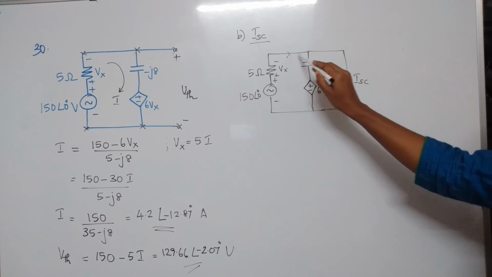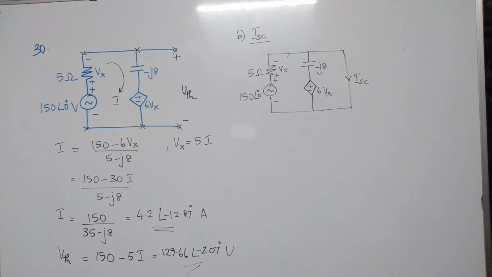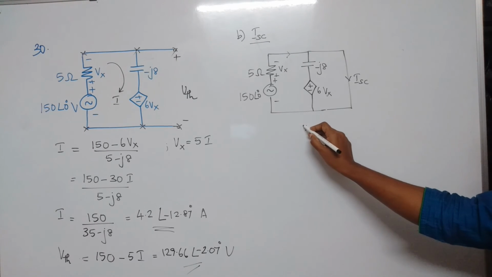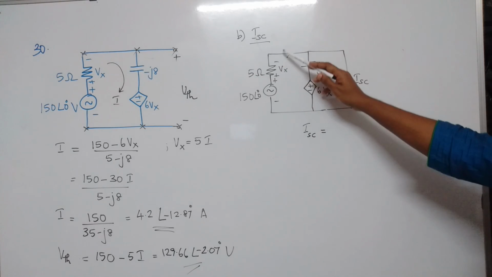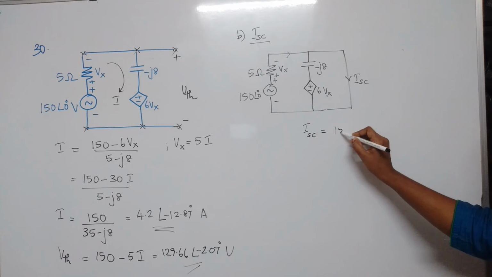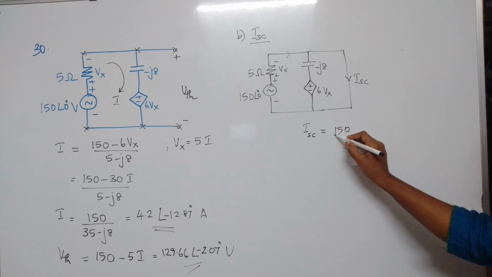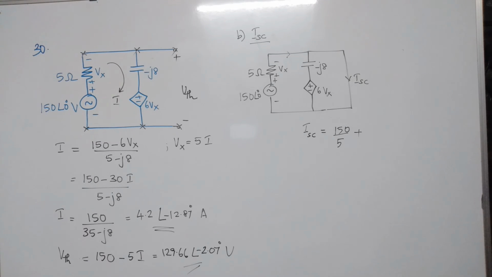If this is I1 and this is I2, ISC will be the sum of current flowing through both the branches. What is current flowing through this branch? It will be 150 by 5, plus what is current flowing through this branch?